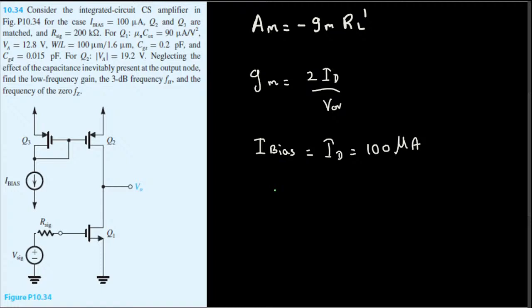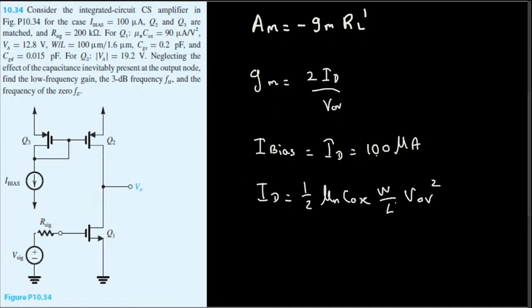We can find that one out using the current formula given by the square law, that is ID is equal to half mnCox W over L VOV square. So if you look at that, we have to make sure all the values are available to us except VOV, then only we can find it.